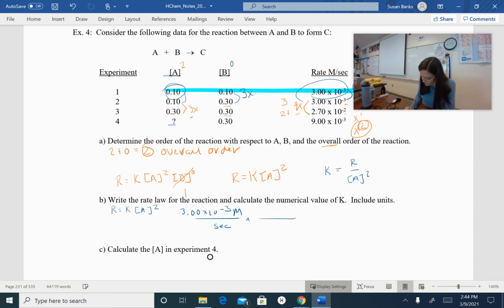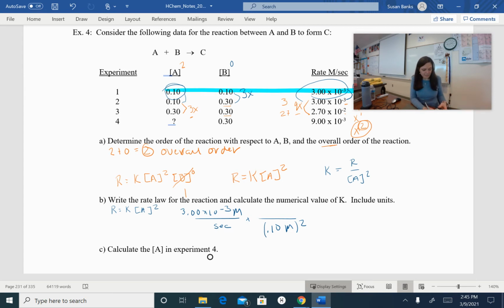And I want to divide it by A squared, which is 0.10 molar squared. Okay, so when I do that, let's see here, 3 times 10 to the negative 3 divided by 0.1 squared, that gives me 0.3.